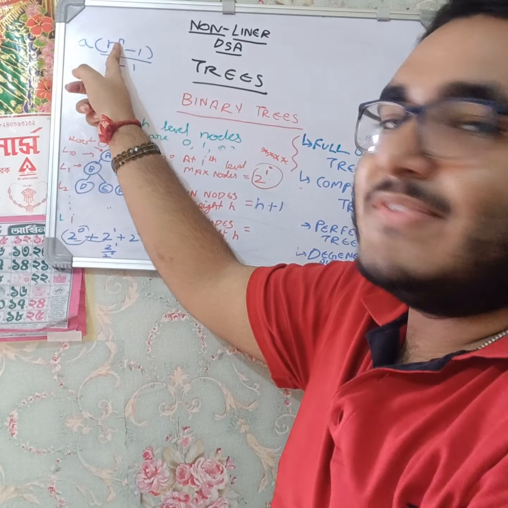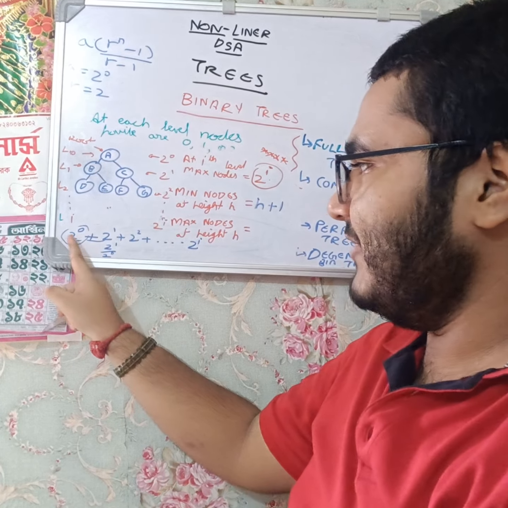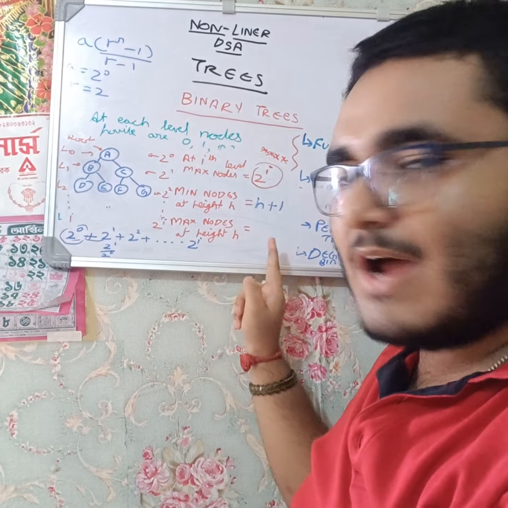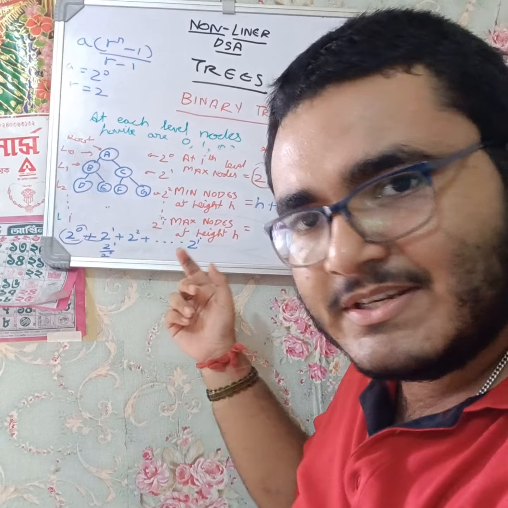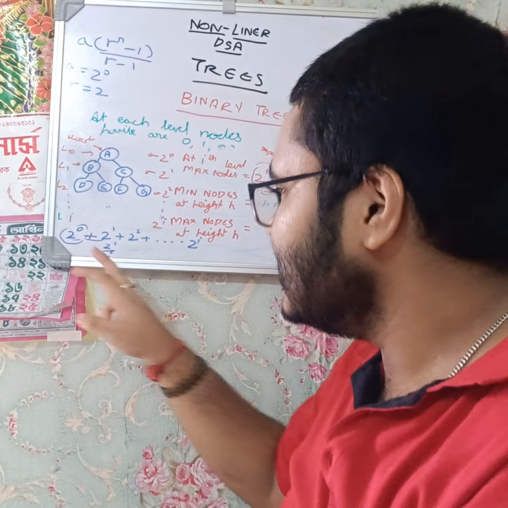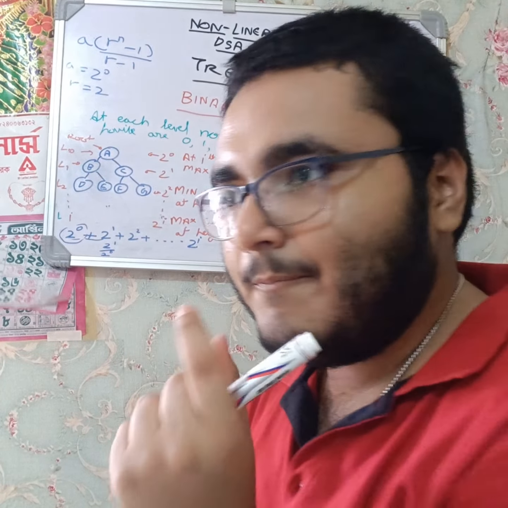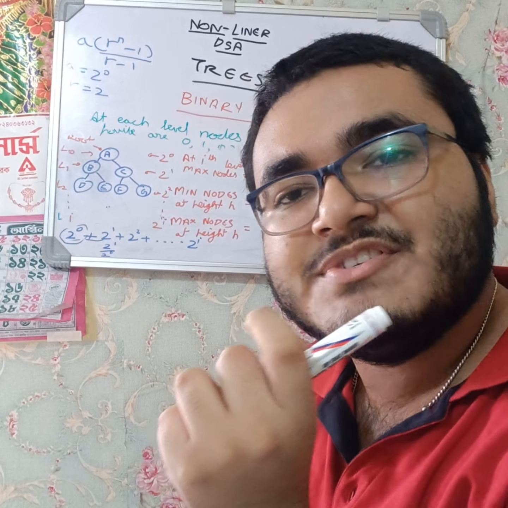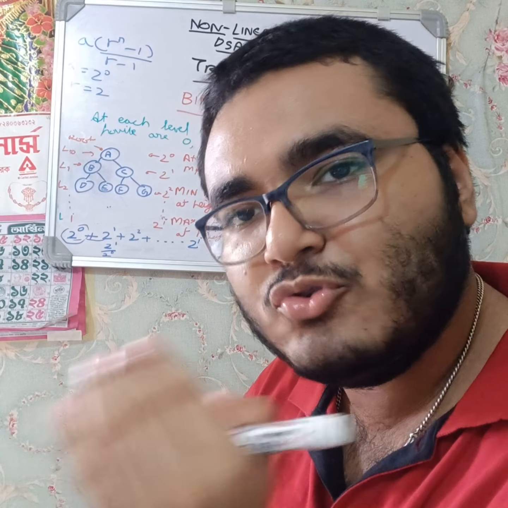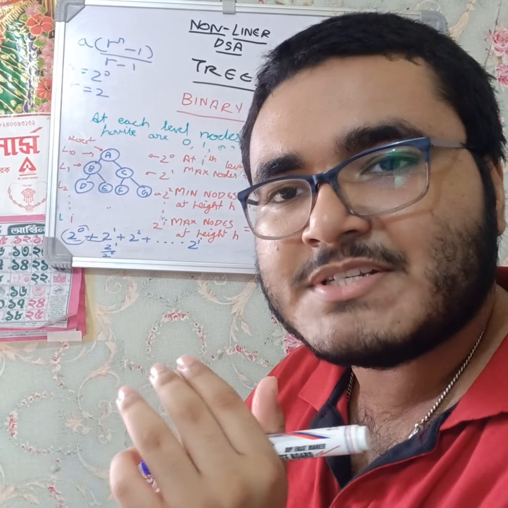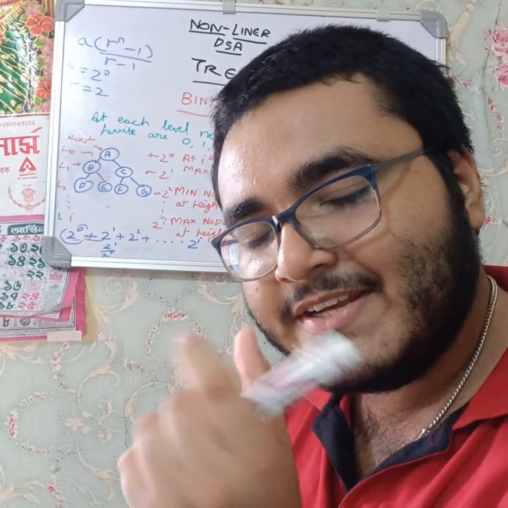And n, that is the total number of terms I am having, from 0 to n, how many terms? Just tell me, from 0 to 9, how many numbers are there? If I include 0 also, it is 10.